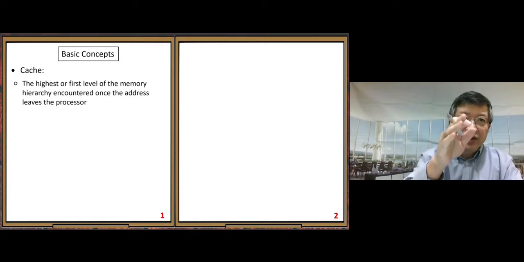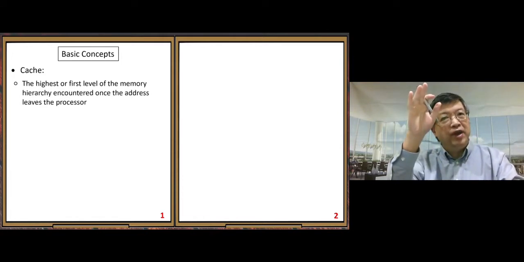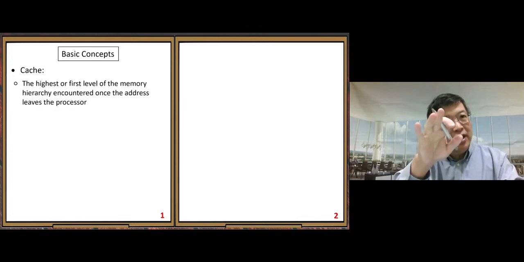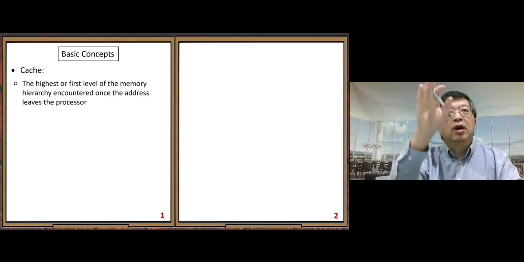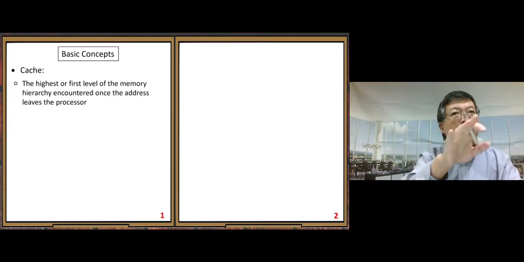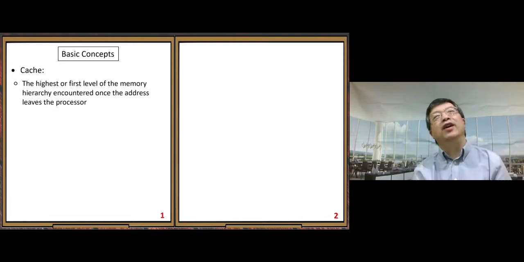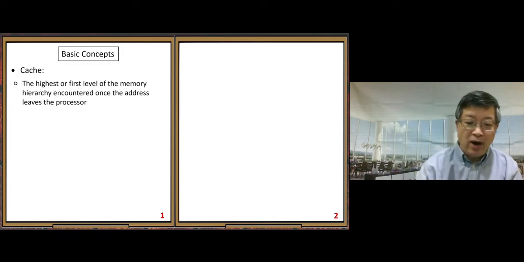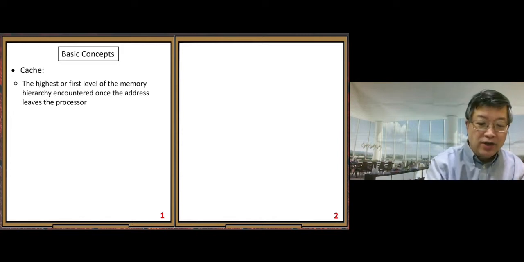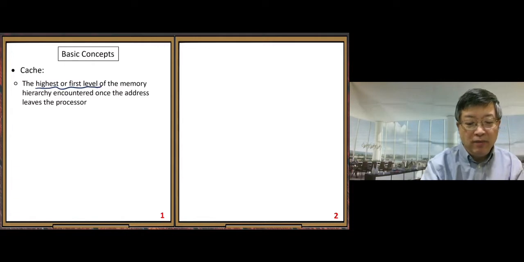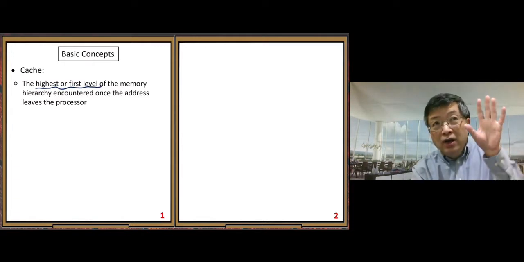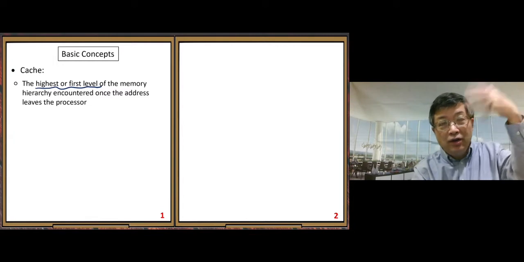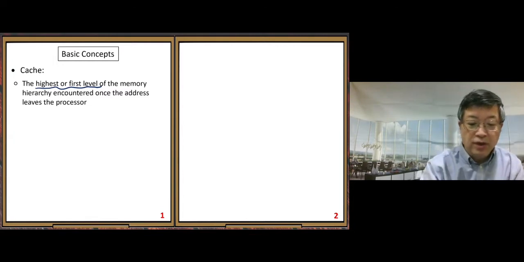The highest or first level of the memory hierarchy encountered once the address leaves the processor. All right, so in this description, there are two parts. First, the highest level or first level of the memory hierarchy. Then look at the more description, encountered once.